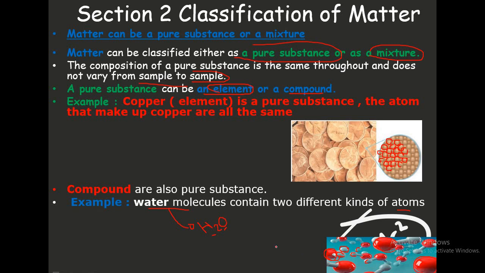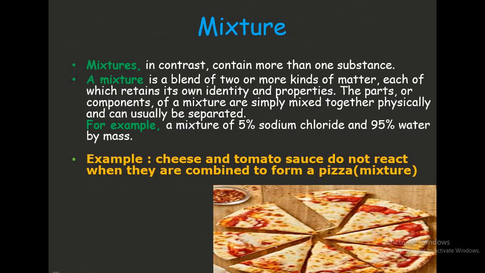So a compound is also a pure substance, because when we get two samples of water, we can identify that the atoms that make up the two samples are the same, they do not vary. So it's a pure substance.